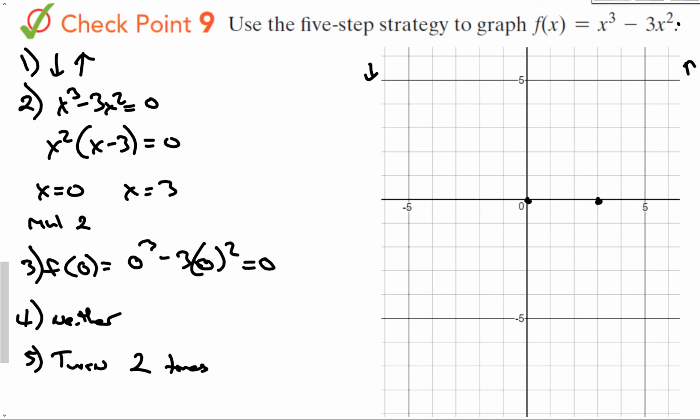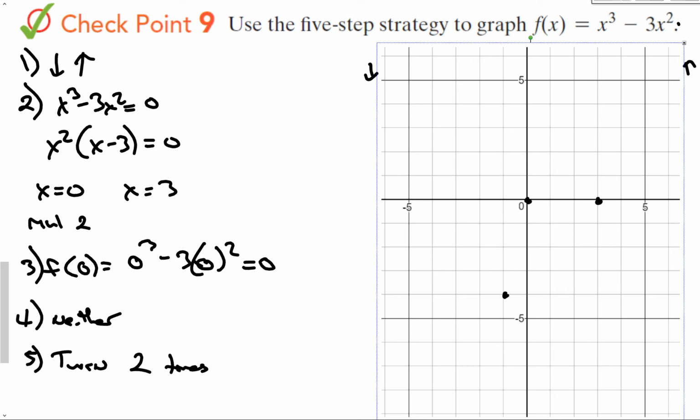I'm not graphing it on this particular computer, but when I do it, I get that f of -1 is going to be about -4.